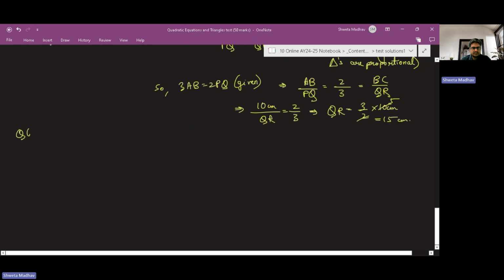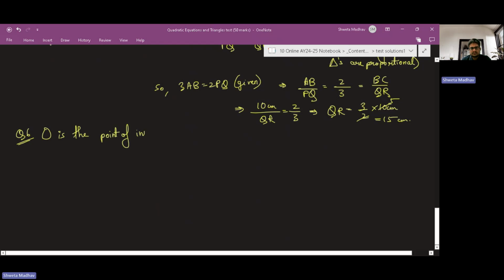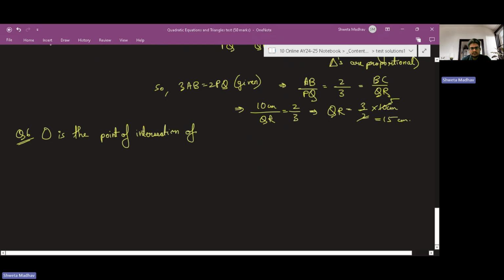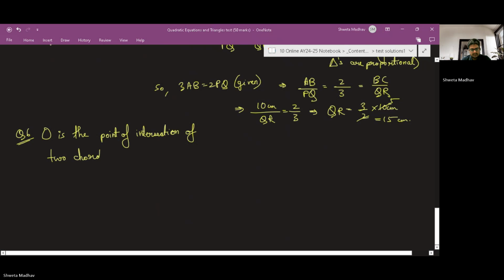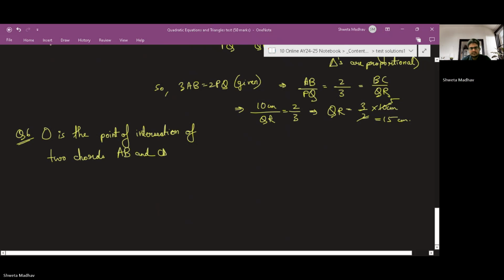Then in question number 6, it has been told that O is the point of intersection of two chords AB and CD of a circle.